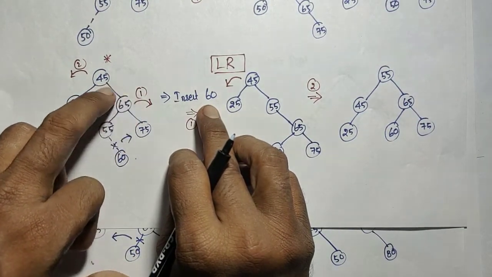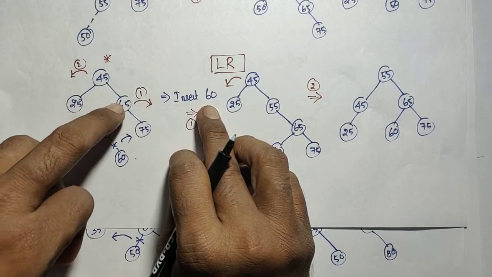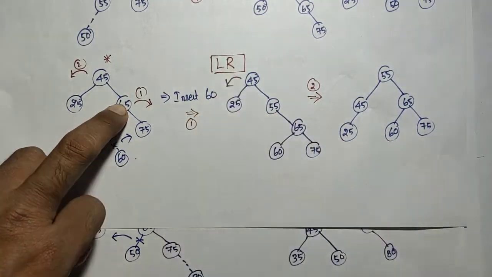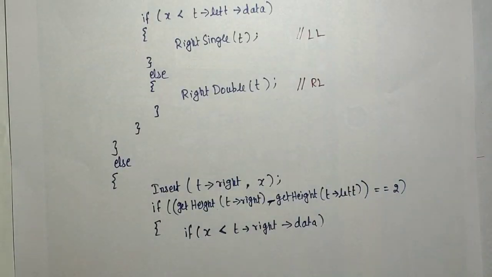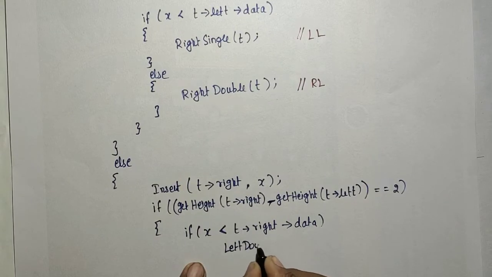The 60 is going to be added to the left of the right. So left of right means what is the solution? Left double. So in that case we have to call left double of T.